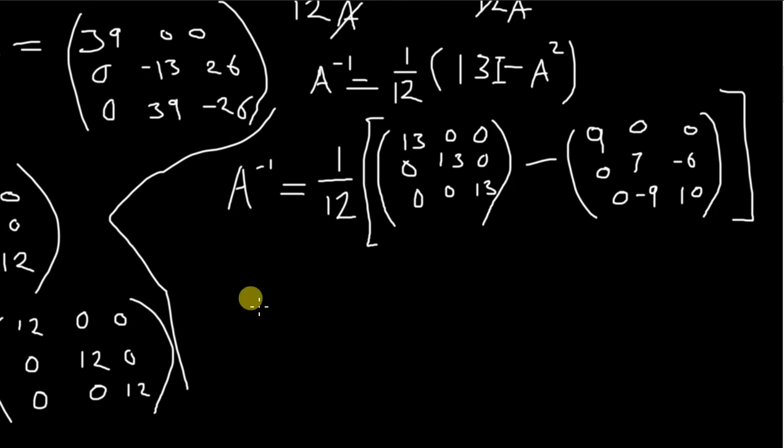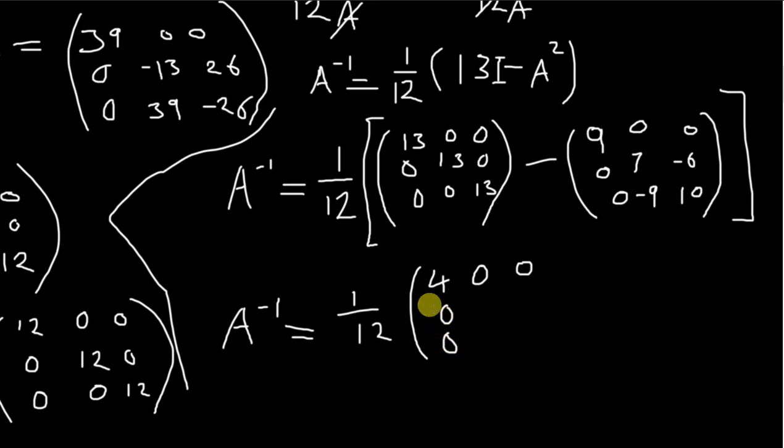So here it's just a matter of subtracting now to find the inverse of this matrix. So we're going to have 1 over 12 outside like that. Then this will be 13 minus 9. You get your answer to be 4. Then 0 minus 0, you write your 0, and the rest of the zeros likewise. 13 minus 7, you get your answer to be 6.